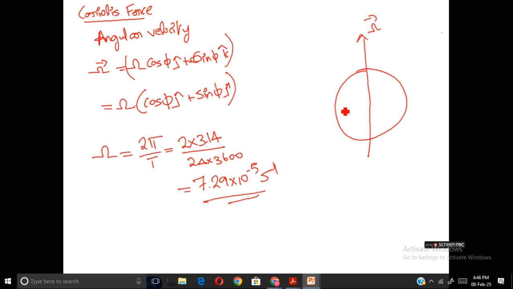This is the angular velocity omega. This is the equator, 0 degree north. This is the phi. We have an object over here. This is the k direction. This is phi, and this will be omega.